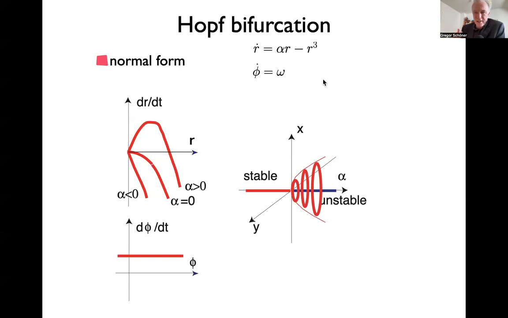So limit cycle oscillation, I didn't really define that. It's not a fixed point, even though in the Poincare section it will be a fixed point. It's a periodic solution, and it's also stable in the sense that neighboring solutions are attracted to it, so they reduce the distance to that solution. One has to be a little bit careful about whether just the distance from that solution becomes 0.